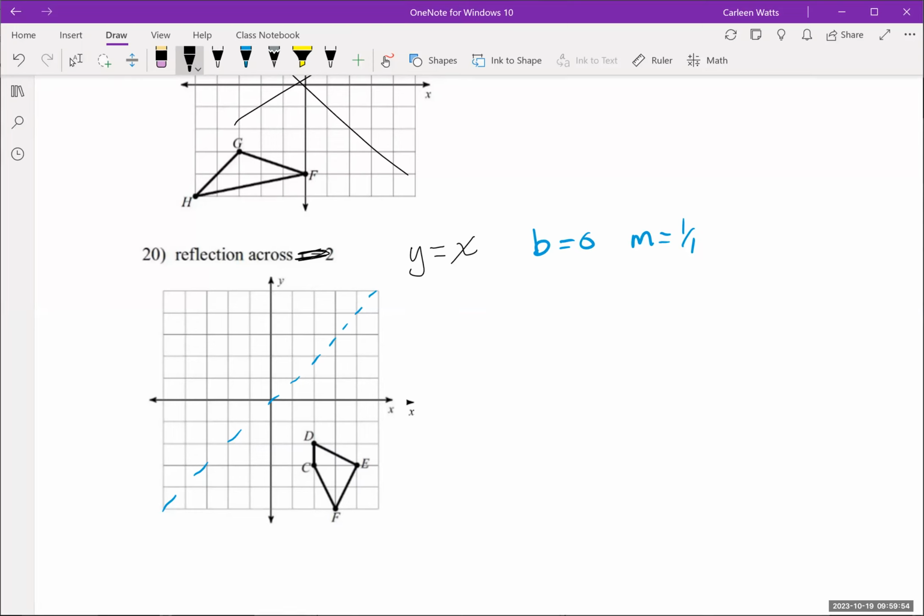Okay. So reflect across the line, y equals x. I changed it. So if you look at the chart, x, y maps to y, x. You're welcome.